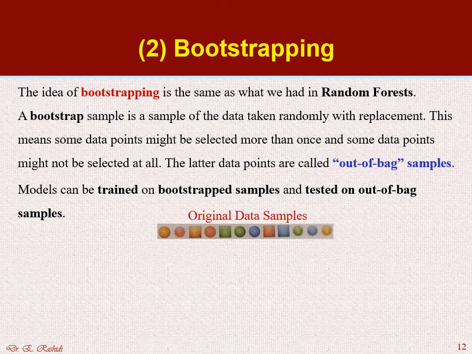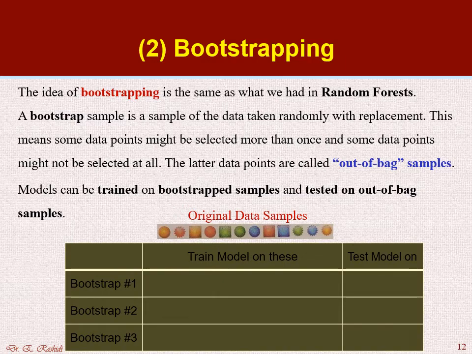So suppose this is our original data. This is just a visual so that you can better understand it. We have different colors and different shapes here. We have circles, we have cubes, and also different colors: orange, green, and blue. So in total, we have 12 different colors and shapes here. Let's do bootstrapping.